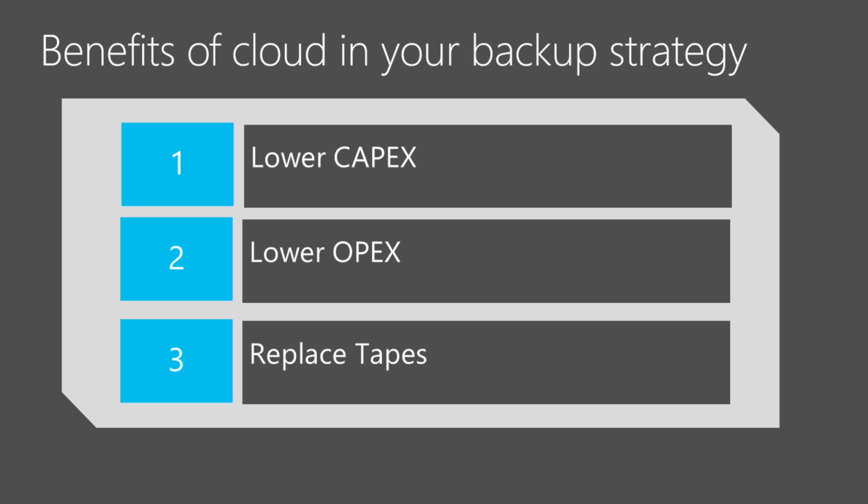The RTO is very, very high with tapes. There is a Gartner report, I'll give a reference of that, which talks about how companies should start using cloud for long-term retention and how much benefit you get from that. So I'll show you a report from Gartner.